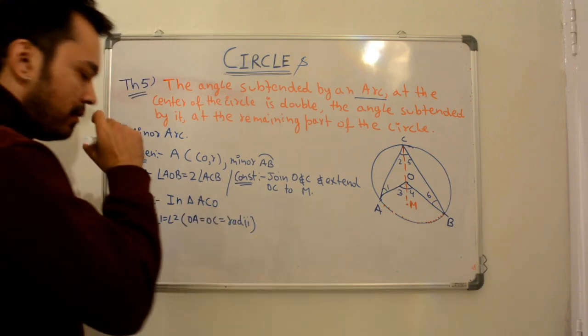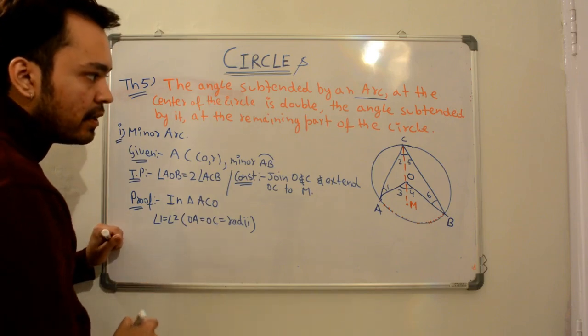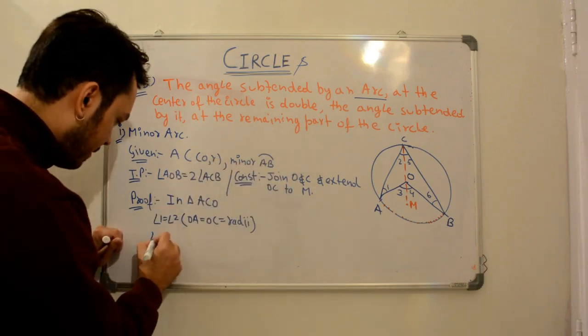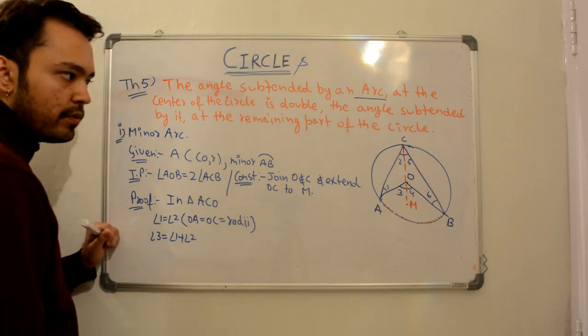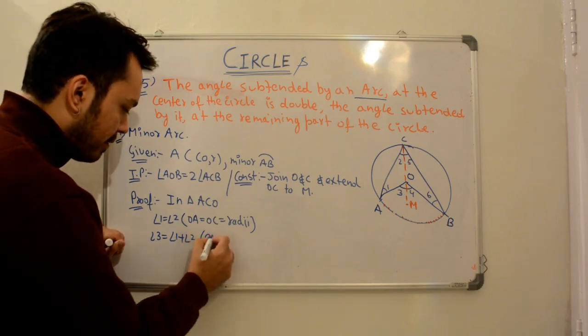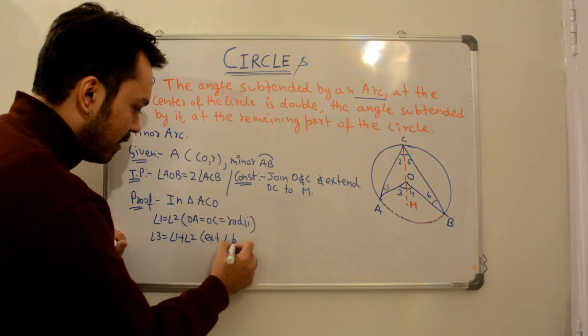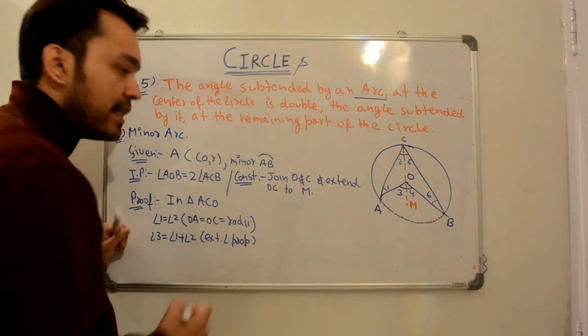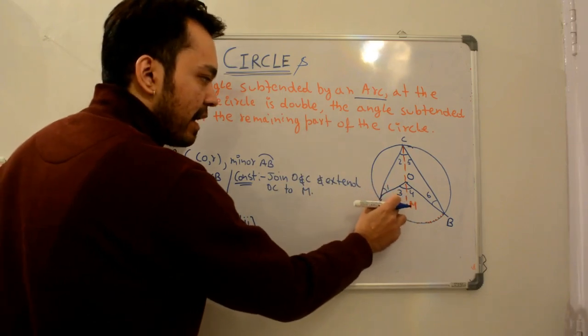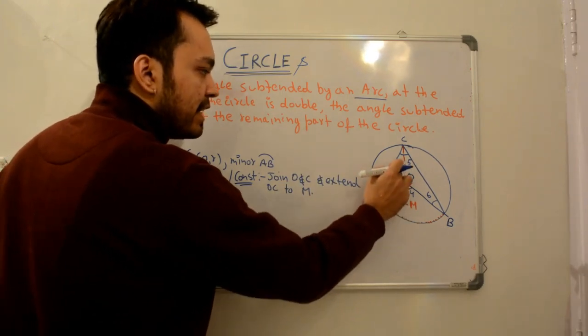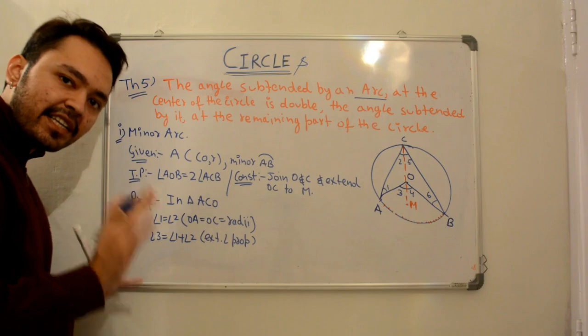The next point, we come to know that angle 3 is equal to angle 1 plus angle 2, right? Why? I write here exterior angle property. In the chapter on triangles, you might know that the exterior angle of a triangle is equal to the sum of the interior opposite angles. Clear?